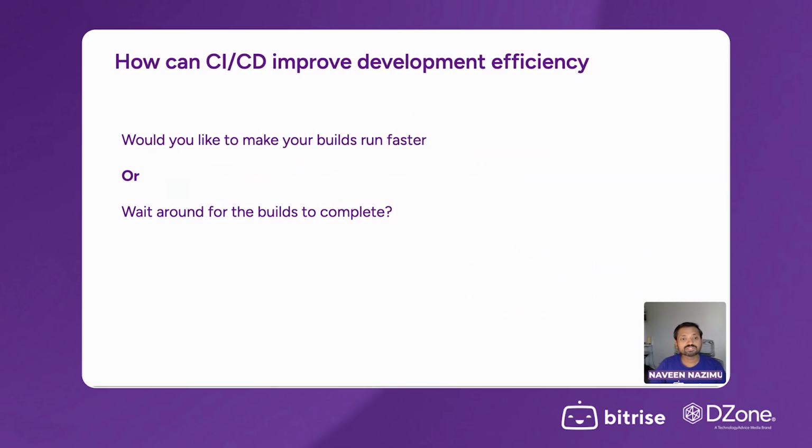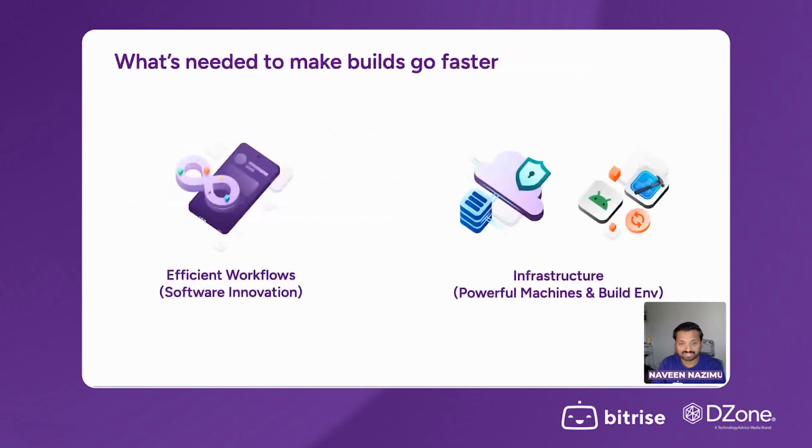Would you like to make your builds run faster or wait around for builds to complete? The answer is fairly obvious, and we want the builds to complete faster. So what is needed to make builds go faster? We need infrastructure on the right side, which is powerful machines and an up-to-date build environment.